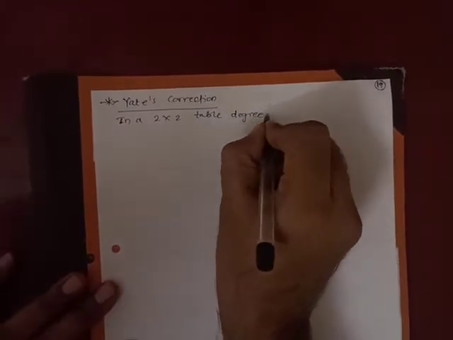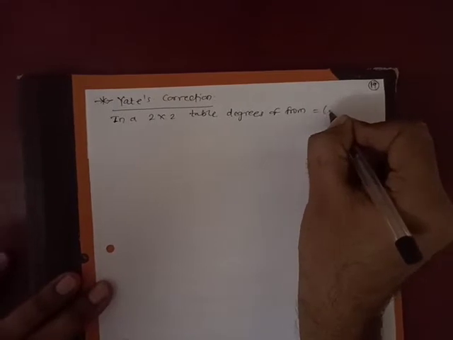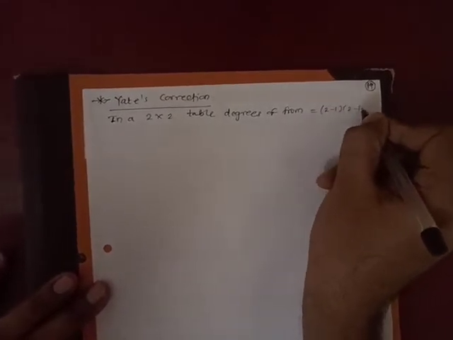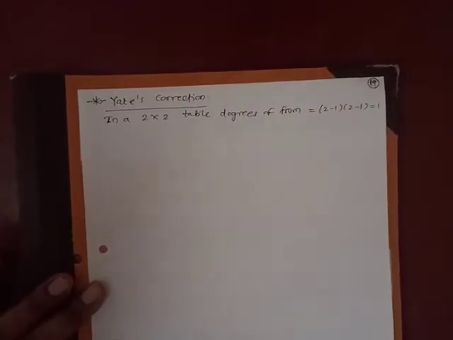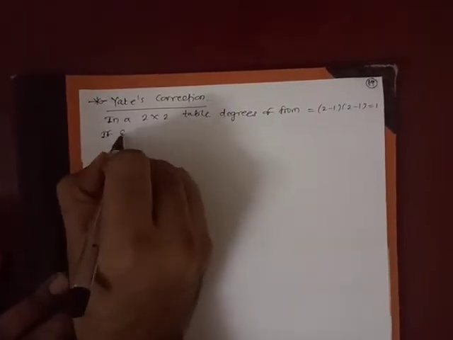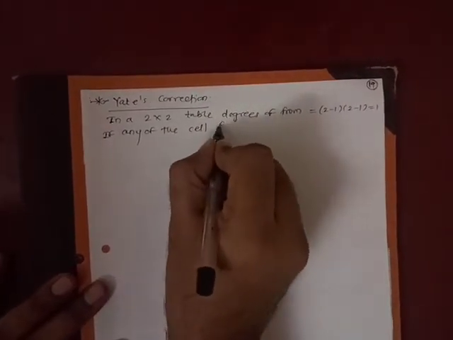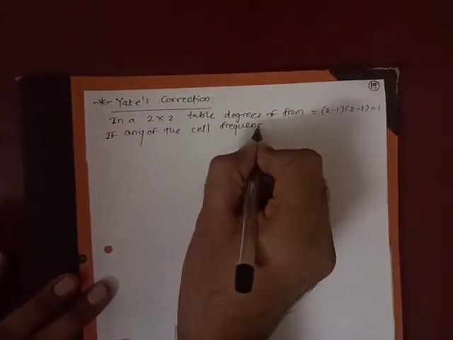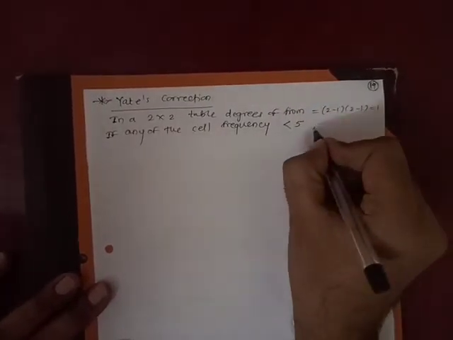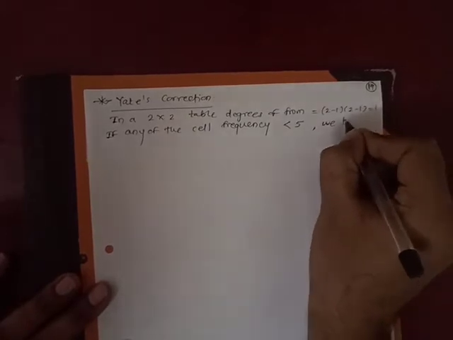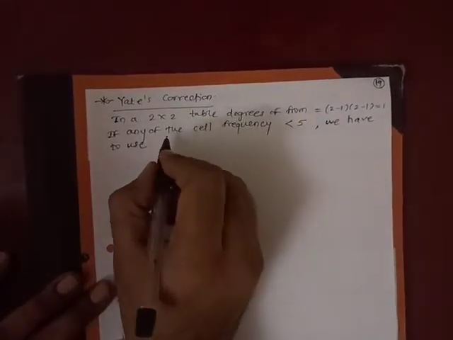Degrees of freedom formula है हमारा r minus 1 into c minus 1, that is 2 minus 1 into 2 minus 1, that is 1 into 1, that is 1. If any of the cell frequency is less than 5, we have to use pooling method.